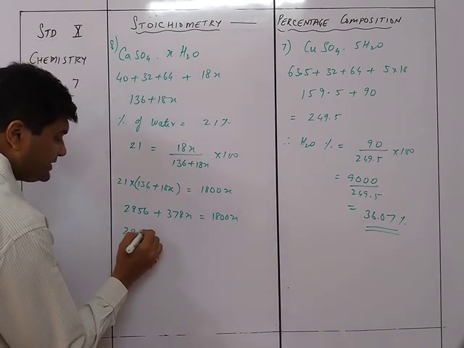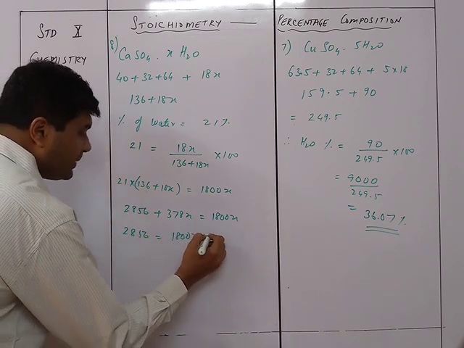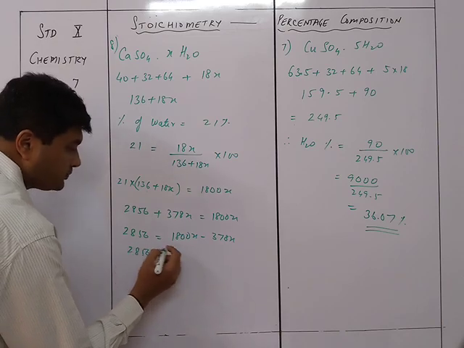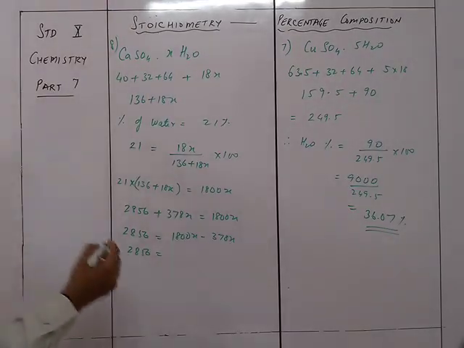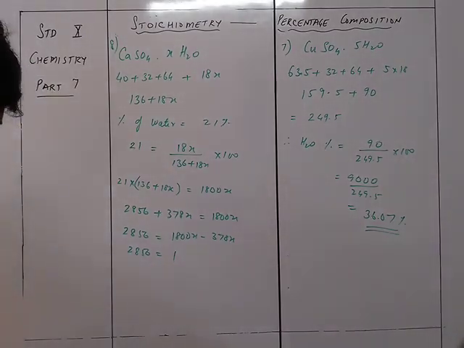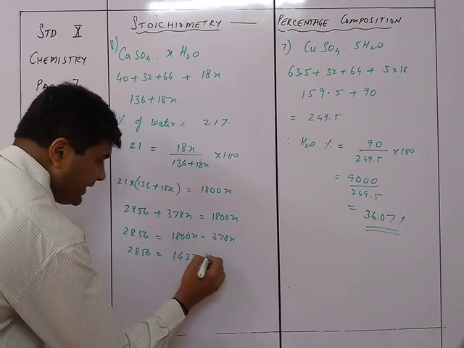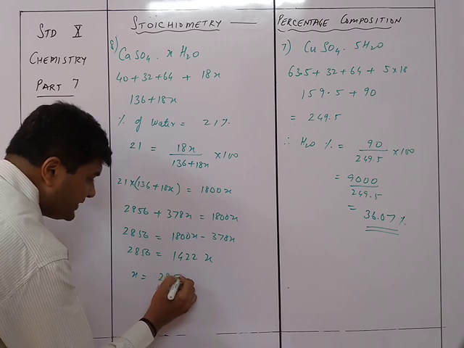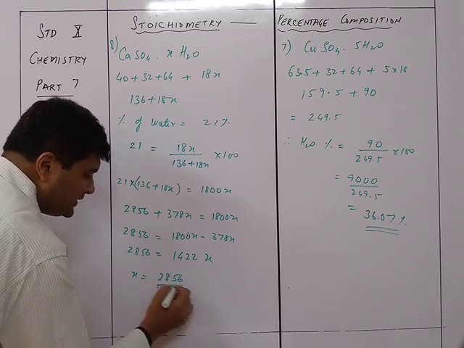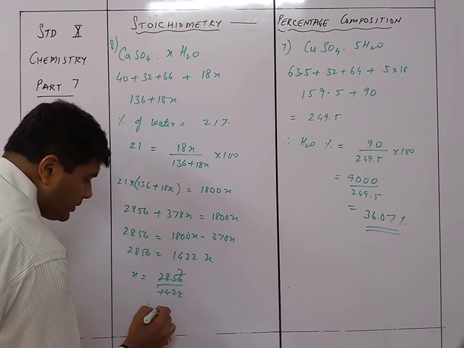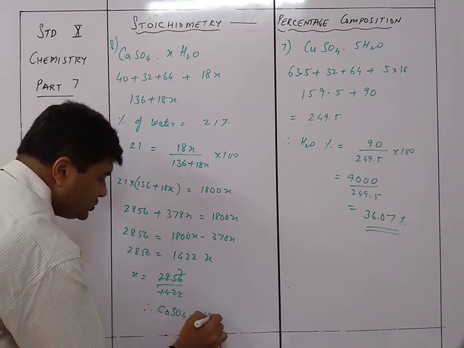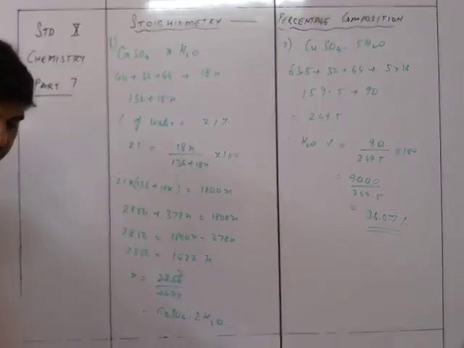So 2856 is equal to 1800x minus 378x, which is 1422x. So x is equal to 2856 upon 1422, which is approximately 2. Therefore, it is CaSO4.2H2O. So x is equal to 2.